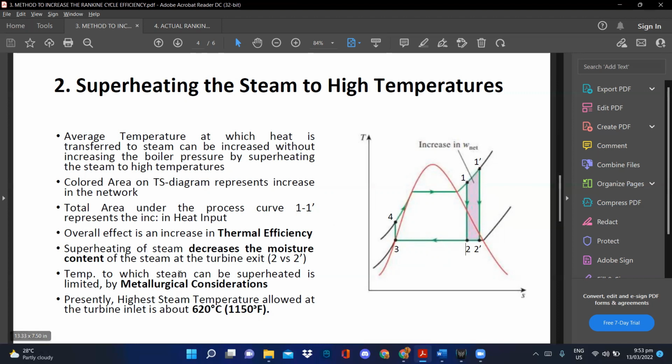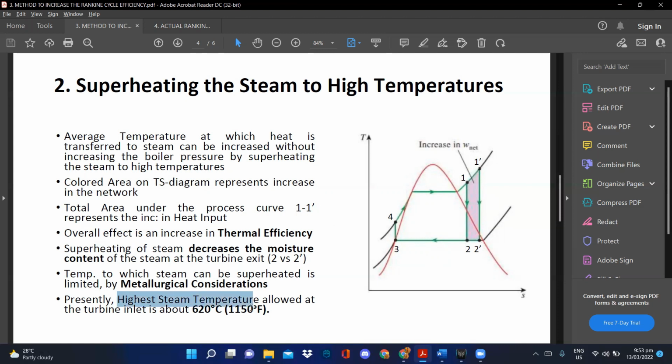The temperature to which steam can be superheated is limited by metallurgical considerations. Presently, the highest steam temperature allowed at the turbine inlet is about 620 degrees Celsius, or about 1,150 degrees Fahrenheit.